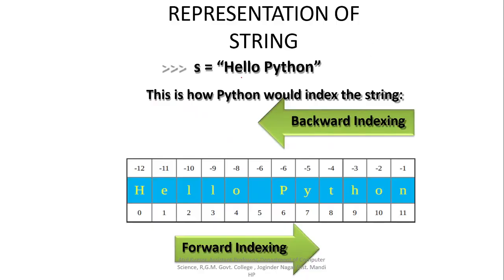Next, how to represent a string in Python. Suppose we have the string "hello Python", enclosed in double quotes. It starts with 0 as the first index, for the character h, then the next index is 1, and it is incremented until the last character, n. Note here that there is a space between hello and Python.